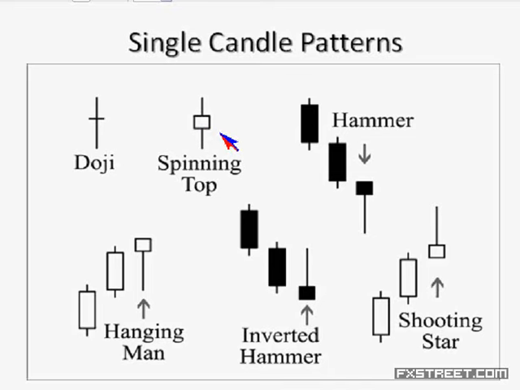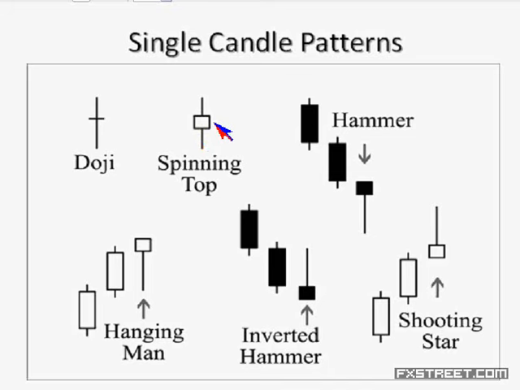Oftentimes you'll see spinning tops and doji occur in a sequence or repeated, maybe 4 or 5 different doji patterns or spinning tops in a row. And at that point, those types of series look very much like there's a lot of indecision in the market and potential turn in the market as well.